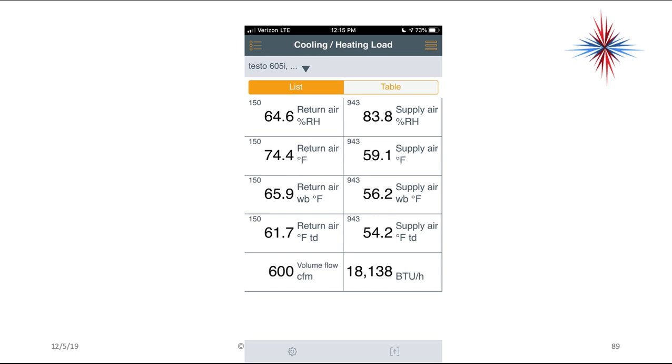So let's take a look at the real life example that I pulled the other day from a system. Okay, 74.5, 65.9, 59.1, 56.2. Those are the numbers we're going to be working with. So you may want to jot those down someplace so that you can follow through on another slide.